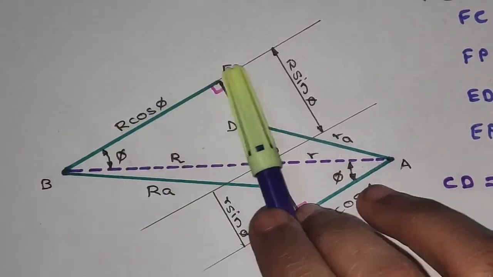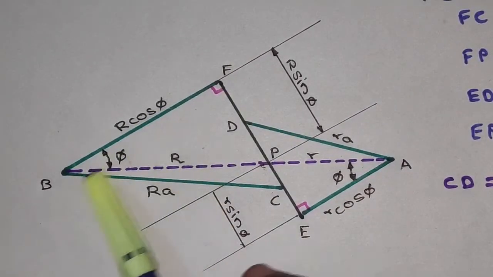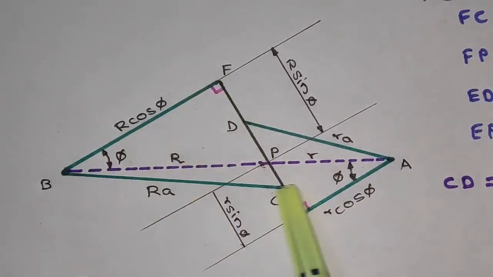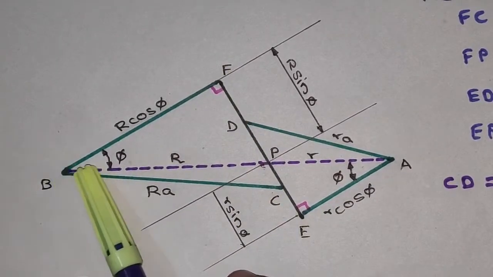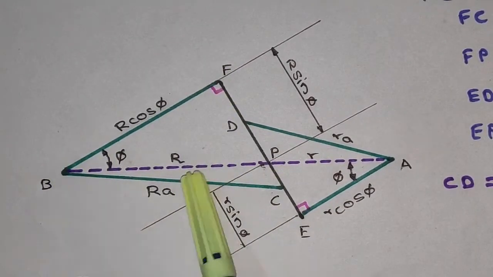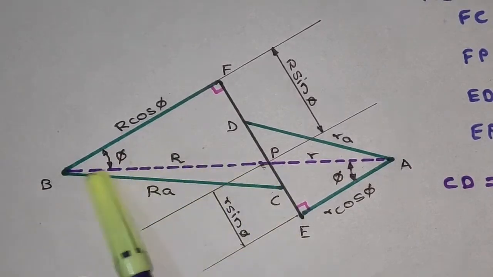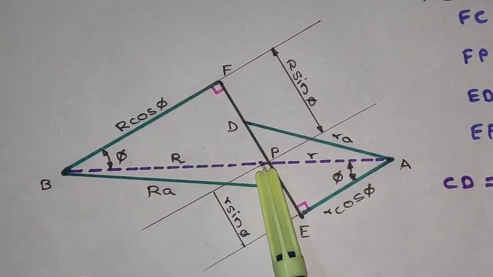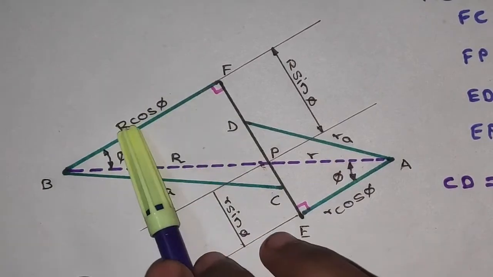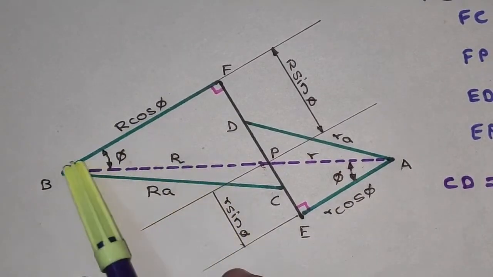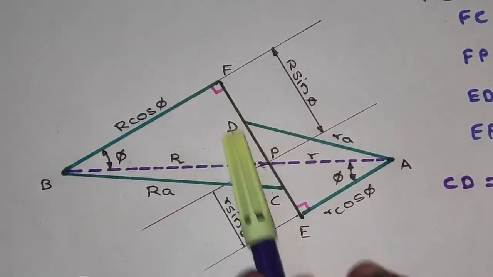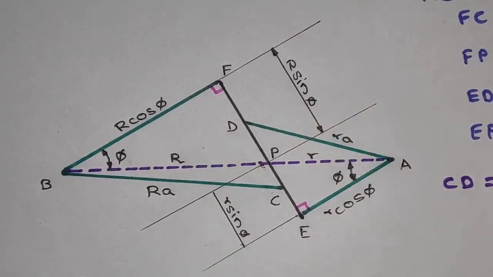Now this side will be r cos phi, because this will be adjacent side upon hypotenuse. In this case, we'll take this small right angle triangle, that is BFP. From BFP, this is r cos phi, and in BFP, FP will be r sin phi.